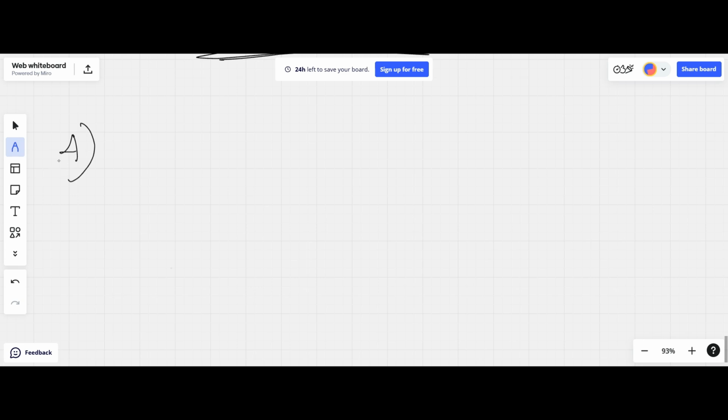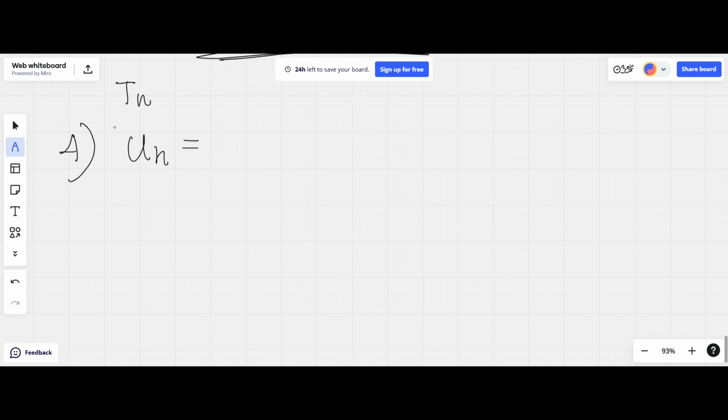Okay, we'll do another question. Let's say they have given a sequence like this, un. Sometimes we write tn, meaning term: fifth term, sixth term. Otherwise sometimes they write u.